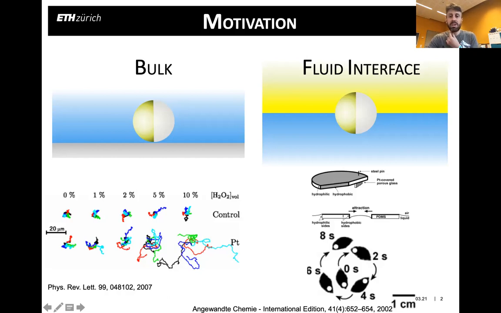And here they were in particular not so much interested in the dynamics and the propulsion of the systems as active particles as we think about them now, but they were mostly interested in the possibility of having dynamic assemblies of such objects floating at an interface due to capillary actions.